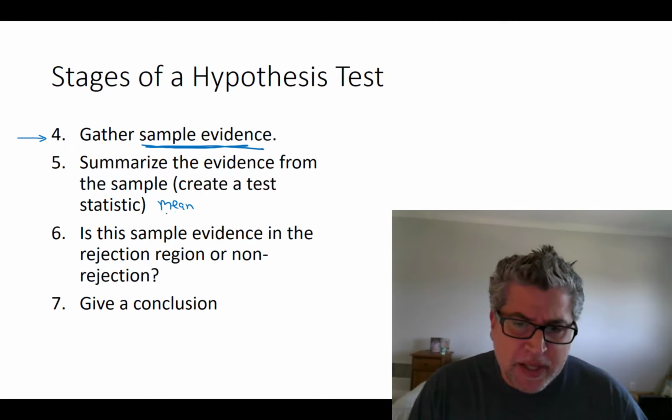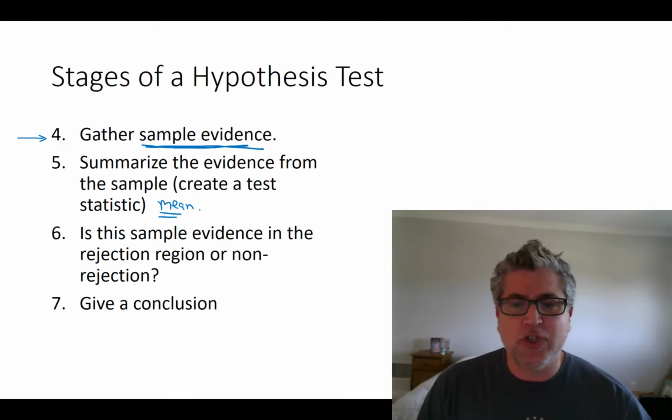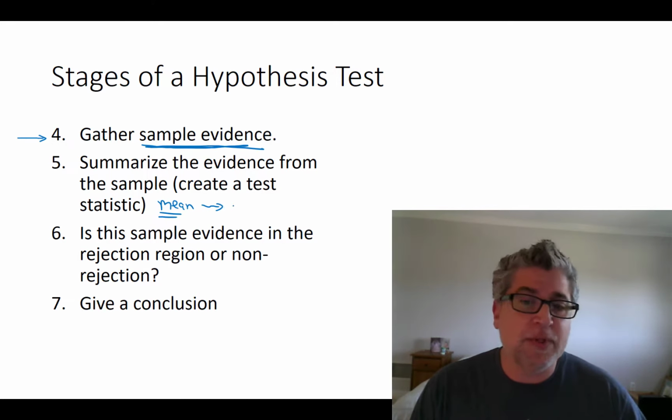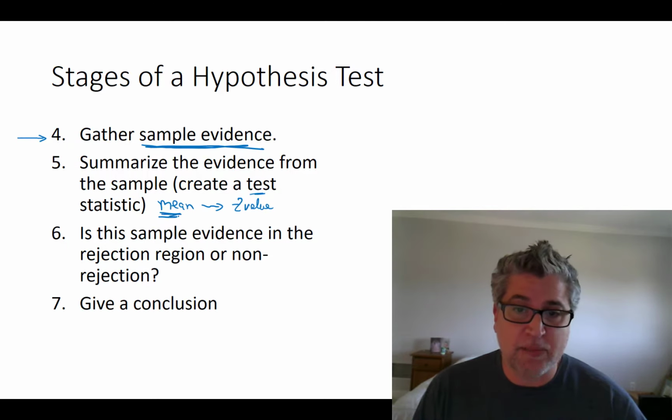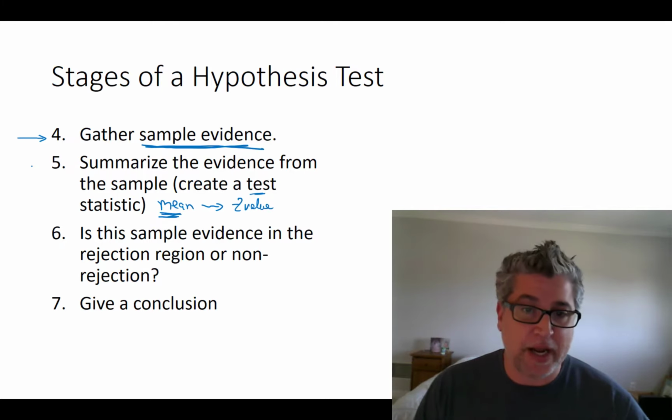It could be, like I said, just a sample average or a normalization of the sample average, so some z-value that you got from that sample average. This thing is called a test statistic. It's the summary that you get from your data.